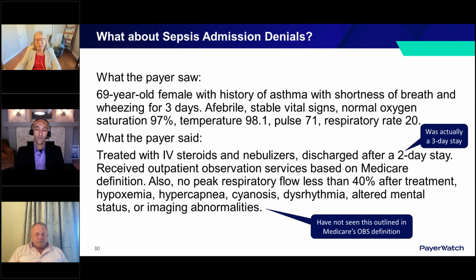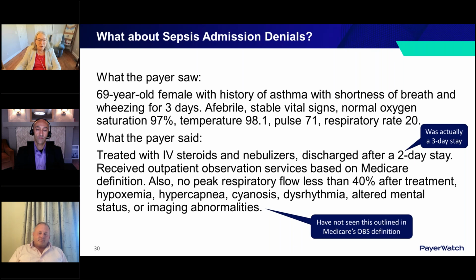So what we see a lot of times is the payers are going to use their criteria for whatever the infection is or the medical condition that they think the patient was brought into the hospital for, and they tend to just ignore the sepsis. So they're not really screening for the need for the inpatient admission based on the sepsis diagnosis. They're screening based on one of the other diagnoses.